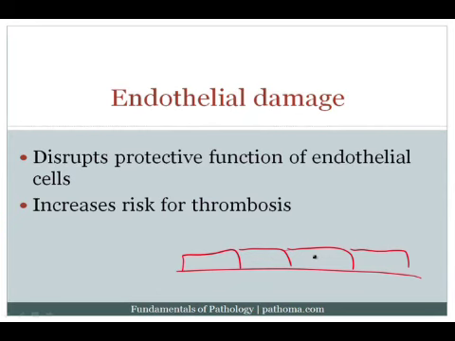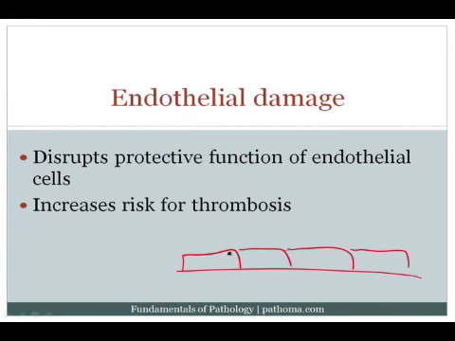Remember that subendothelial collagen, when it's exposed, will then allow the platelets to stick or adhere to the area of disruption, and then that allows the platelets to aggregate, which then subsequently allows for the coagulation cascade to have a surface upon which it can be activated. So if you block the subendothelial collagen and the underlying tissue factor, that protects against thrombosis. So that's one way by which the endothelium protects against thrombosis.